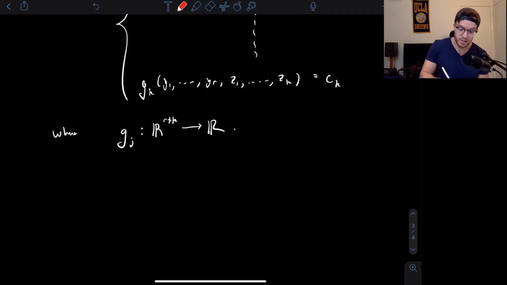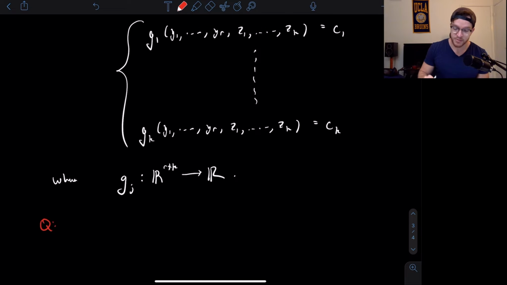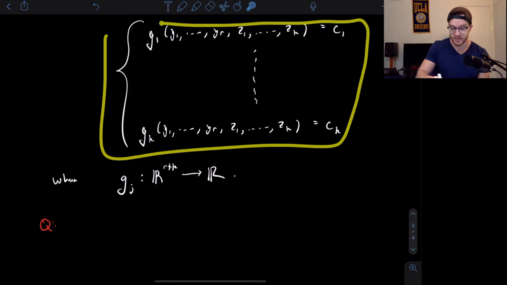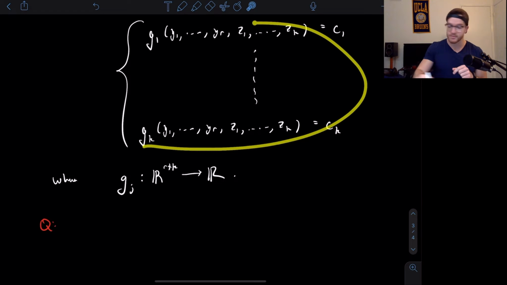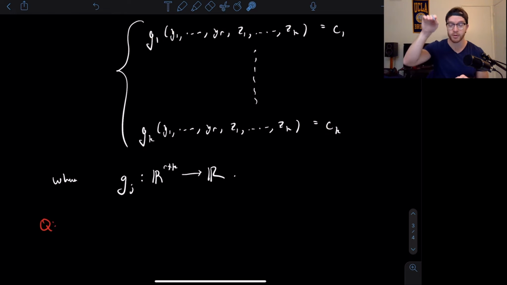My question now is, so I'll write this imprecisely because I'm going to write a more precise version in a second. But given a system of equations like this, suppose I find one solution. Suppose I find a point on the solution set, like we found a certain point on the circle. The question is going to be, can I locally solve for the z variables in terms of the y variables?